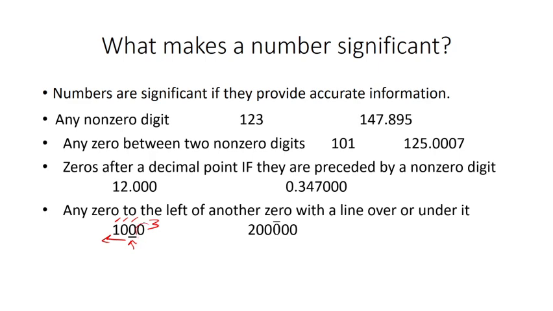This poor zero hanging out at the end is insignificant. And here we see our zero with the line over it, so everything to the left is going to be significant. And these two hanging out over here are not significant. So we have 1, 2, 3, 4 significant digits in that one.